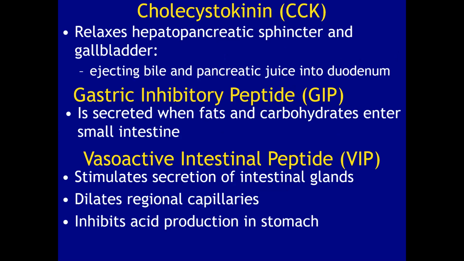The GIP, the gastric inhibitory peptide, occurs when fats and carbohydrates enter. And the vasoactive intestinal peptide, vaso, of course, meaning vessel, it dilates these capillaries in specific regions, and it also inhibits the production of acid in the stomach.